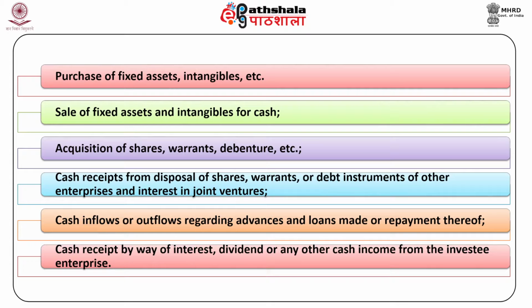E. Cash inflows or outflows regarding advances and loans made or repayment thereof. F. Cash receipts by way of interest, dividend or any other cash income from the investee enterprise.